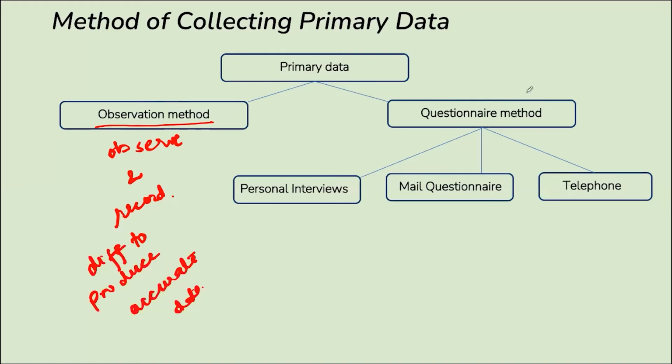This questionnaire method is divided into three parts: the personal interview, the mailed questionnaire, and the telephone. Let us see all these three methods in detail. So what is the personal interview? Personal interview means face-to-face interview. The interviewer sits face-to-face with the respondent and records his responses.